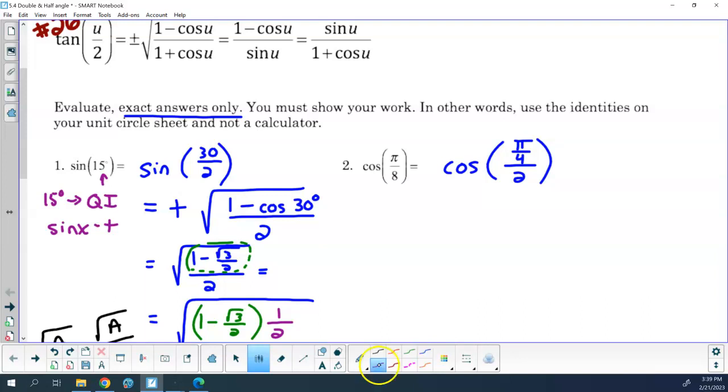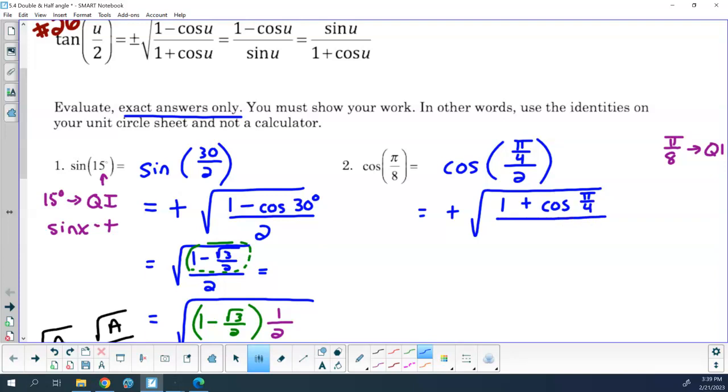So again, I need to look at, okay, pi over 8 is in quadrant number 1. Everything's positive in quadrant number 1. So this is going to be positive big radical of 1 plus the cosine of pi over 4, and all of that being divided by 2.